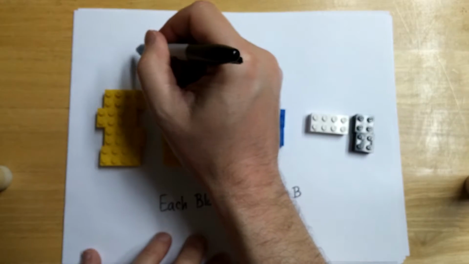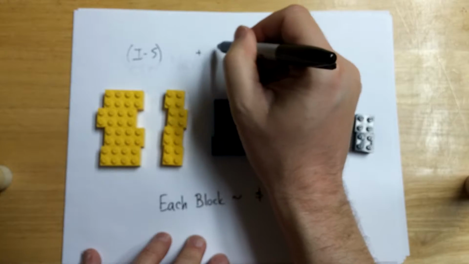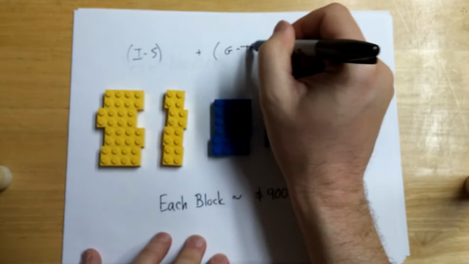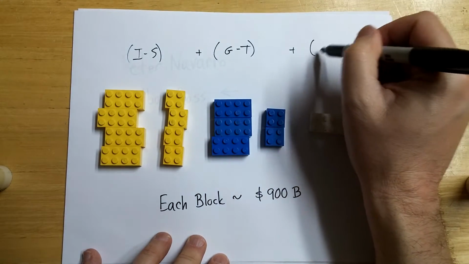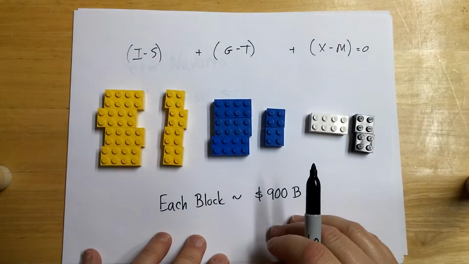And so over here I have I minus S. Here in the middle I have G minus T. And over here on the right I have X minus M. The whole thing has got to be equal to 0.